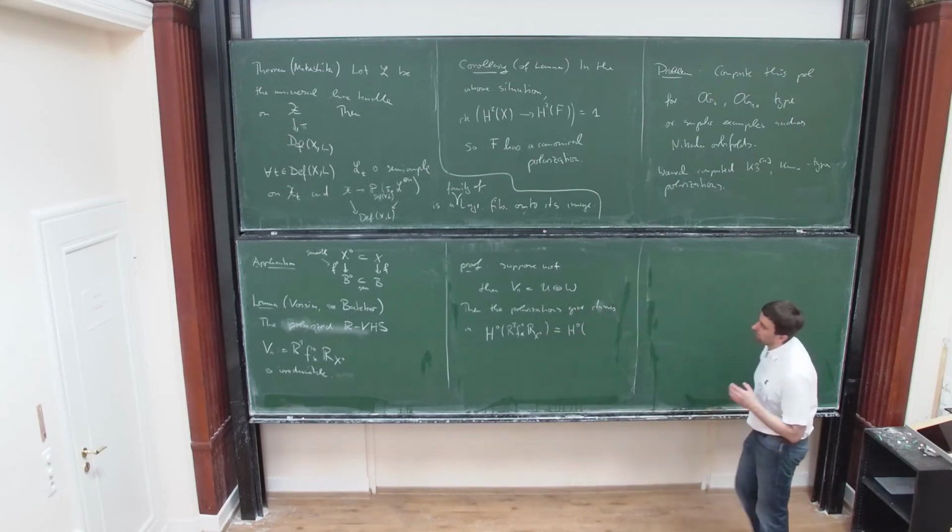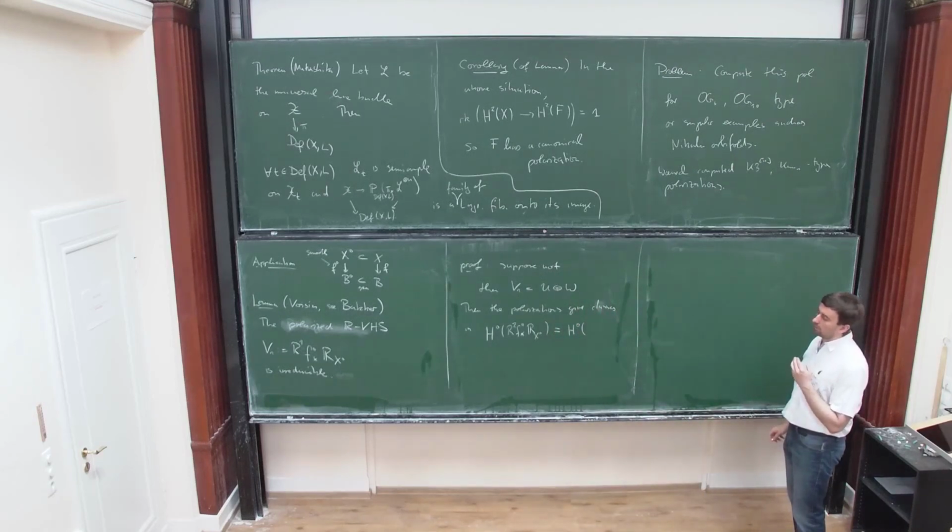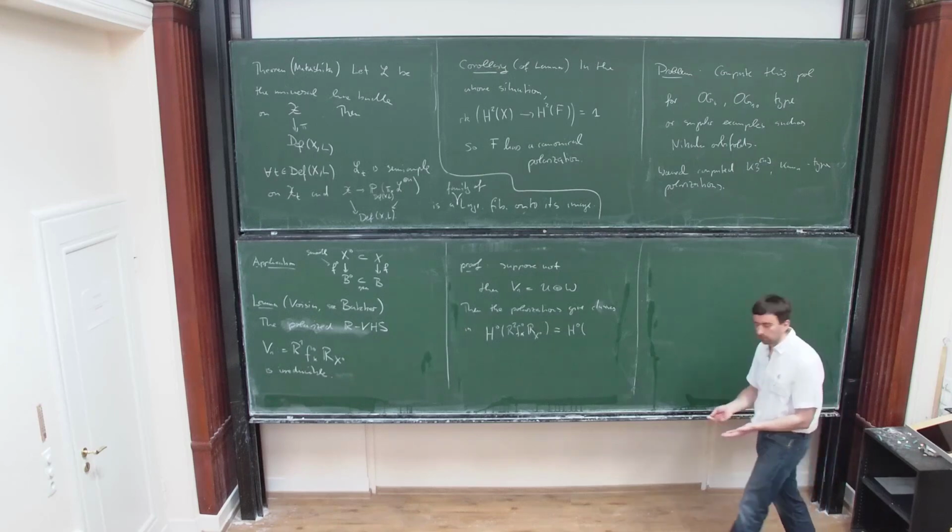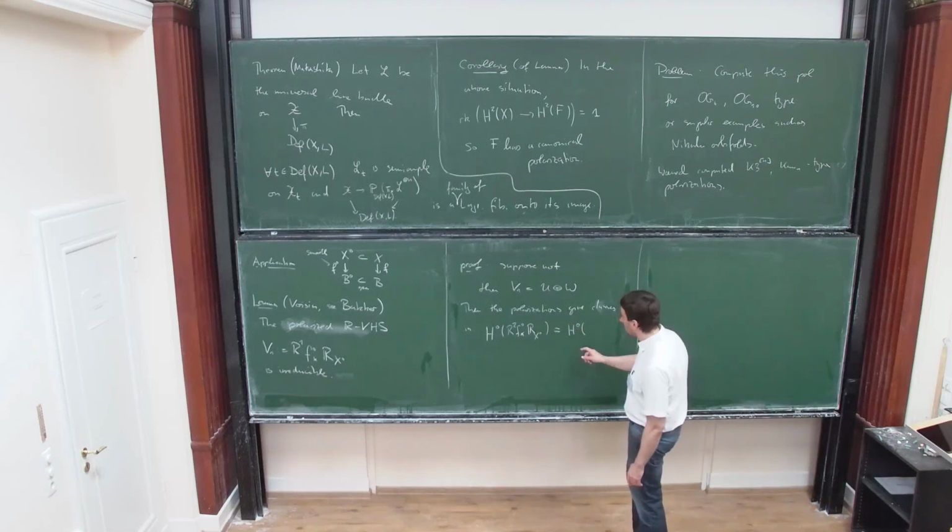Because we speak about fibrations in abelian varieties, the second cohomology of an abelian variety is the wedge 2 of the first cohomology. So the same holds true for these local systems.